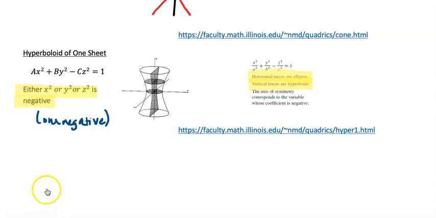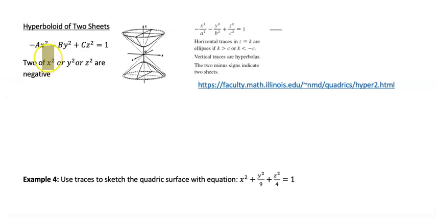Finally, the hyperboloid of two sheets is very similar with one exception. That is that our hyperboloid of two sheets has two negatives. All right, horizontal traces are ellipses if k is greater than c or if k is less than negative c.